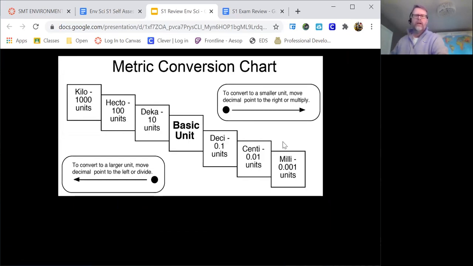Okay, so we can do that for any metric unit at any time. So you don't have to remember how many teaspoons are in a gallon or anything like that. We can just go milliliters to kiloliters. We can go centimeters to millimeters. We can do anything we want within that. And the other nice thing about the metric system is if we have 1 milliliter of water, that is 1 cubic centimeter of water, that is 1 gram of water.